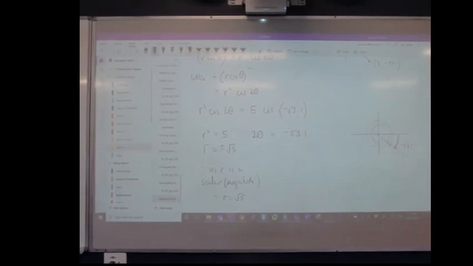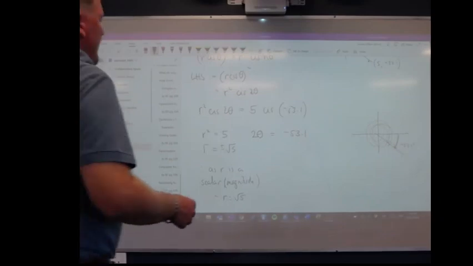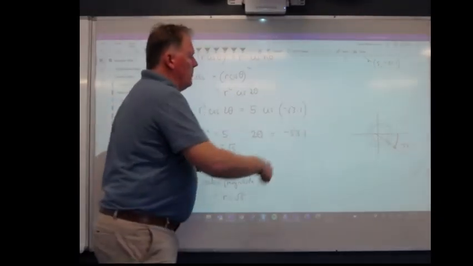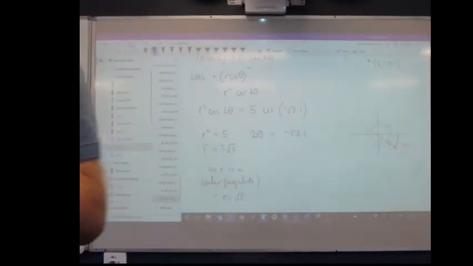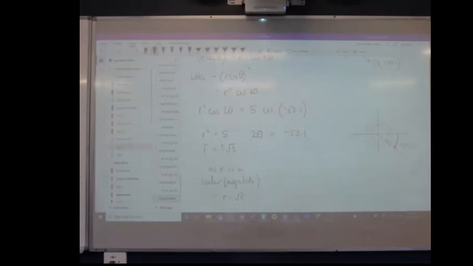So what we need to remember here is that 2 theta is not just the minus 53.1, and we can go in both directions, by the way, but it's minus 53.1 plus some multiple of, because we're in degrees, 360.